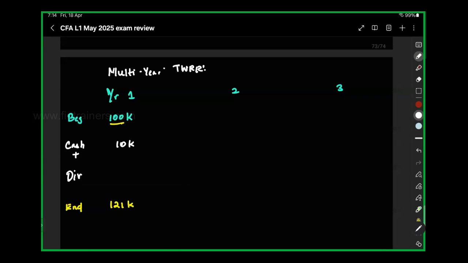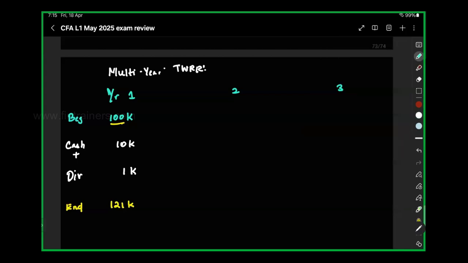If there is a dividend, so let's say there is $1,000 dividend, and then the ending value is 121. If dividend or interest is obtained, that will be part of your holding period return. But the cash that the investors are investing, you can't use that because that's not a return in that period. That's something that the investors are giving in additional funds in that period.